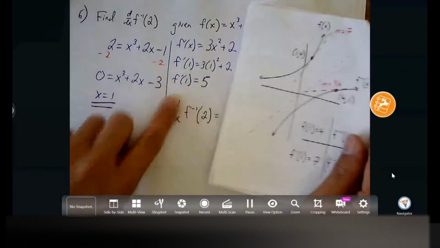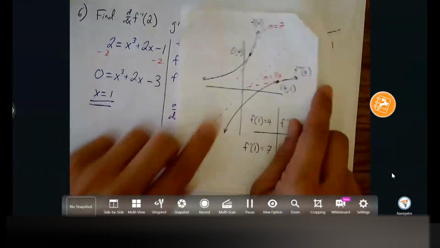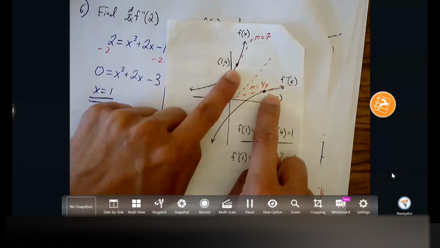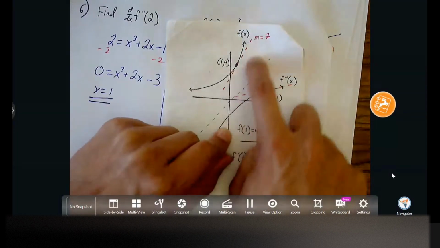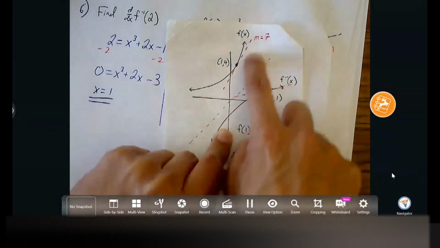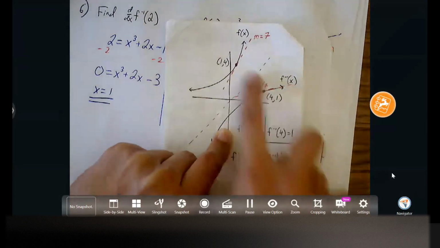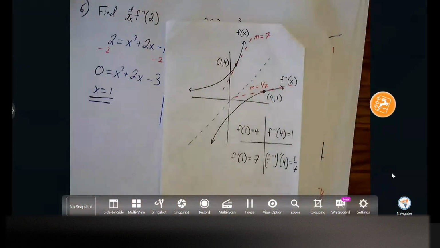One ordered pair is (1, 2), the other's at (2, 1). So imagine you had a function and its inverse. A function has a slope of 5, which means that the inverse is going to have a slope of 1/5. So these corresponding points will always be reciprocals of each other in terms of their steepness.